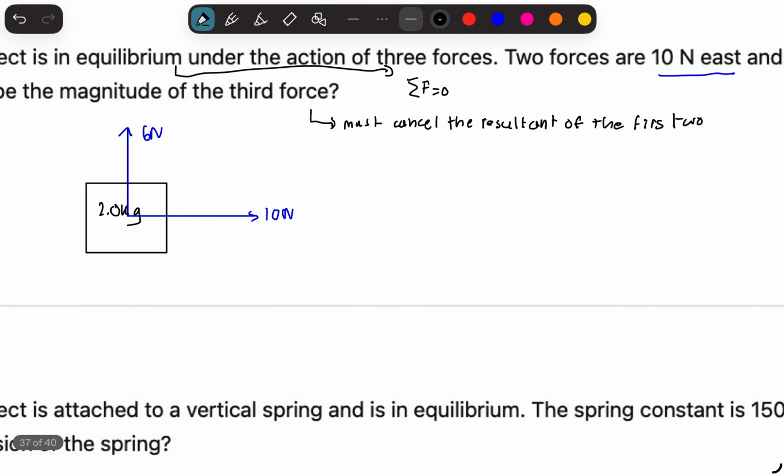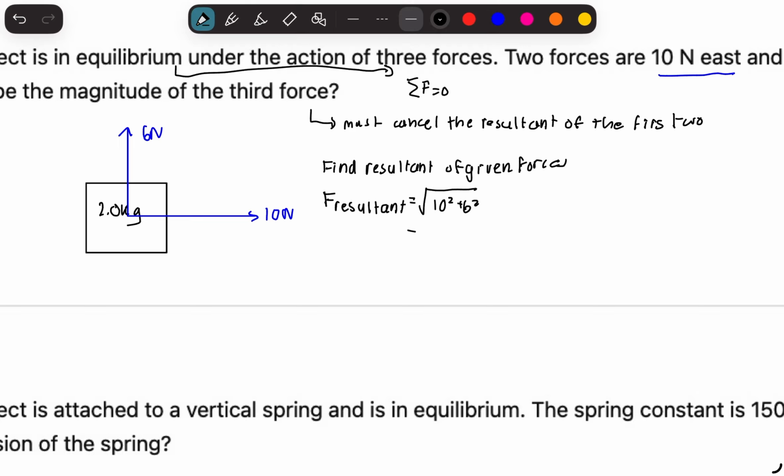So we have to find the resultant of the given forces. Your resultant force is equal to the root of 10 squared plus 6 squared, which is the root of 100 plus 36, which is the root of 136, approximately 11.7 newtons.